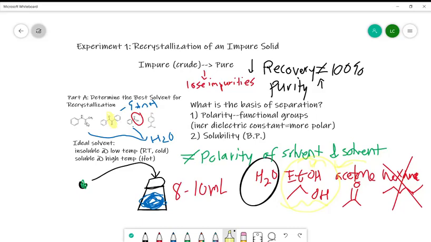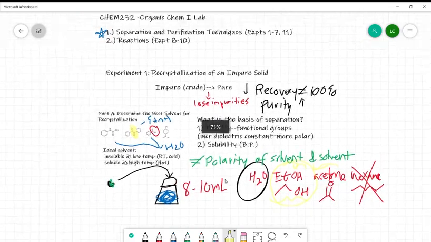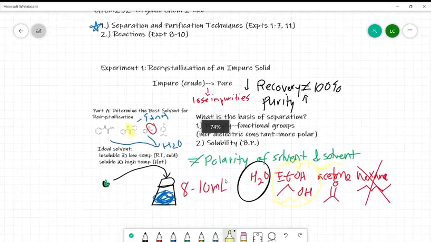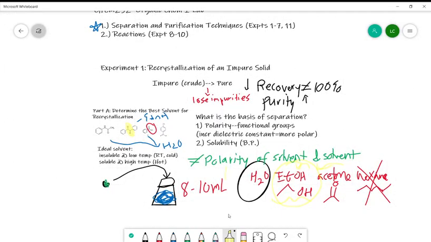Amides are pretty polar, so people might ask, why do you not use ethanol? You can determine it as water because amides are pretty polar as well. They're less polar than carboxylic acids, but okay.